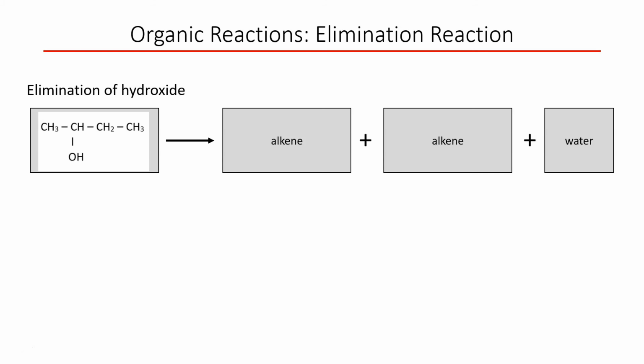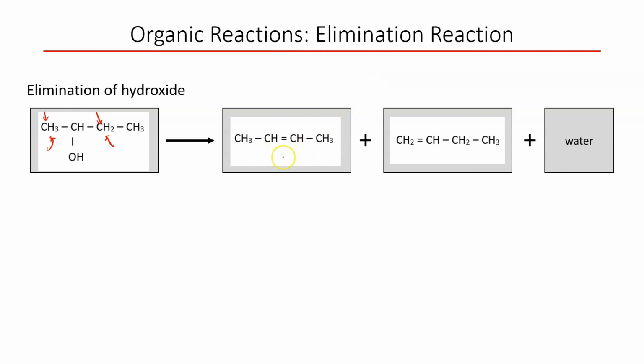So, for example, if I have my hydroxide and I'm going to have it undergo an elimination reaction, remember I can lose a hydrogen from here or from here when the OH comes off. Because this carbon has more hydrogens, it's least likely to lose. Since this carbon has fewer hydrogens, it's more likely to lose. And so as a result, it just determines where my double bond would be.